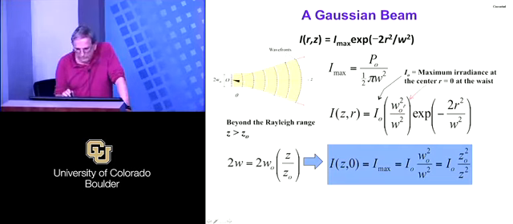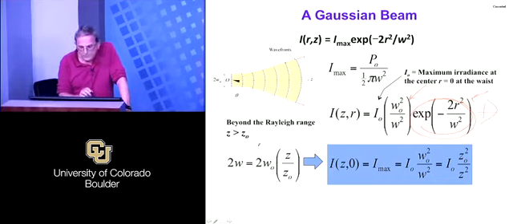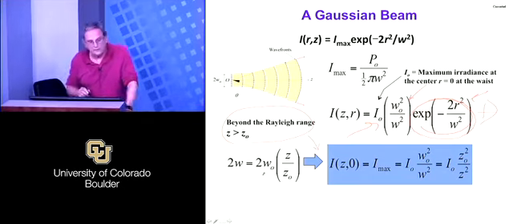There's this factor here of how the thing diverges out, and then the maximum intensity is on the axis, and the intensity falls off like this Gaussian as we go out. So this is for beyond the Rayleigh range, it's falling off like that. Otherwise, close in, it looks different.